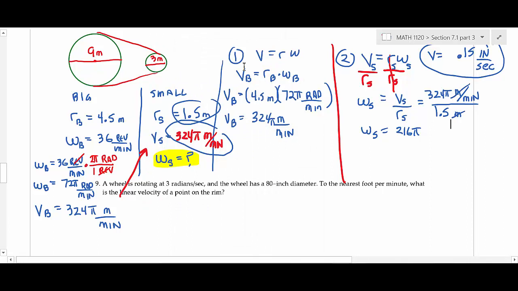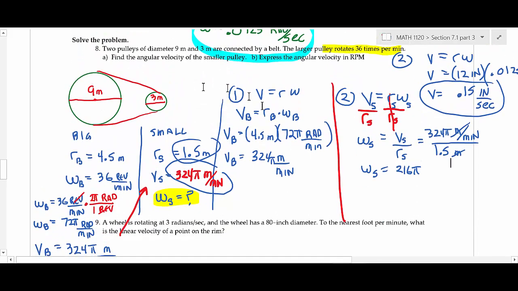Let's see. What did I do here? No, we're okay. I thought I was missing something, but I'm not. So what you have is radians per minute. So we got that angular velocity like that.